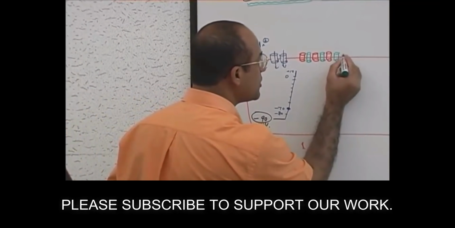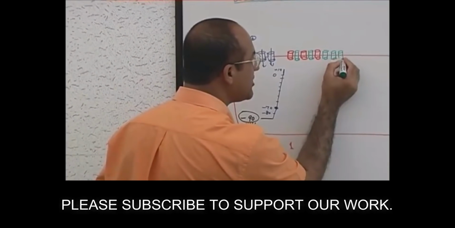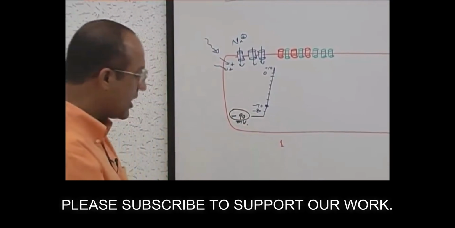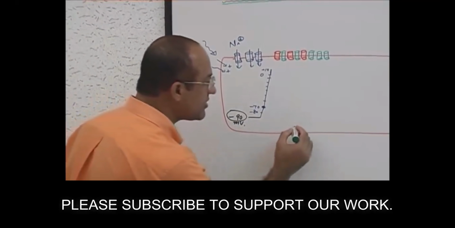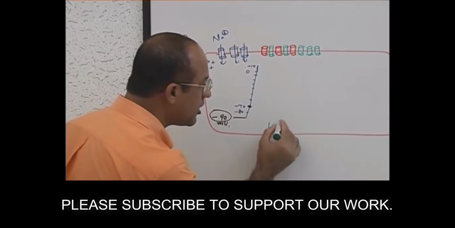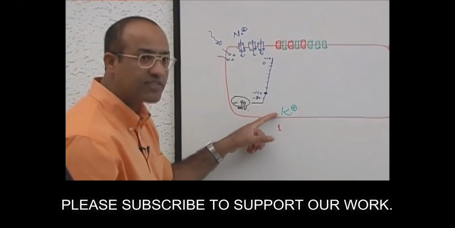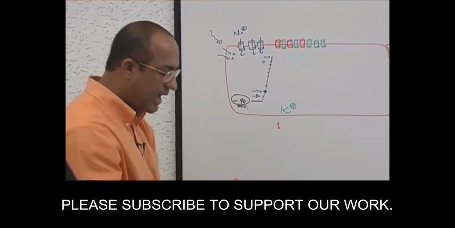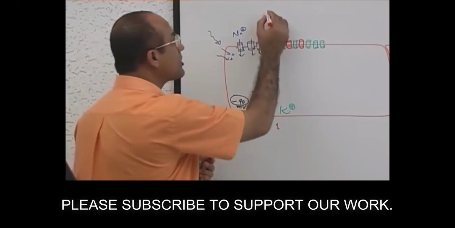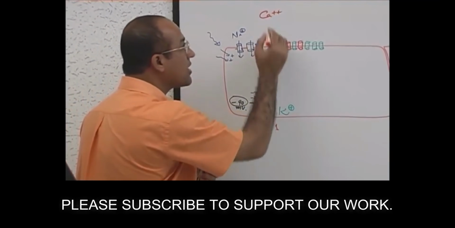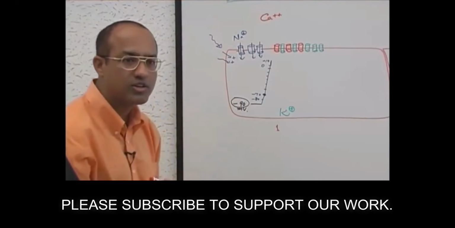And you must know that a normal healthy cell is very rich in potassium. Intracellular potassium is normally more as compared to extracellular potassium, and extracellular calcium is normally more as compared to intracellular calcium.